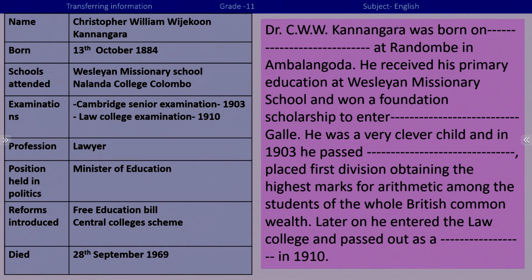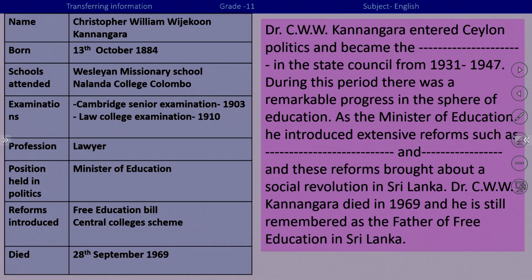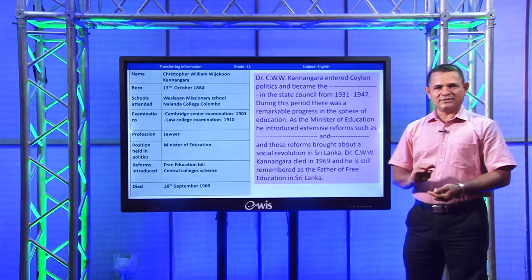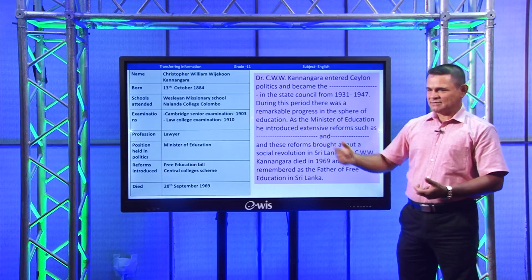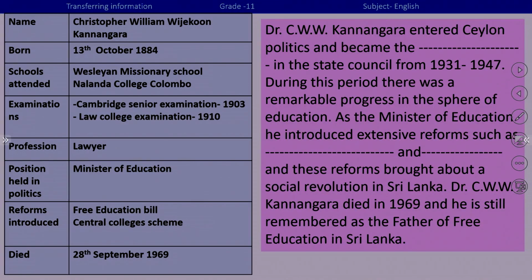Because the answer is there, just take it to this place. Okay, see the other part. There are 3 more blanks, the answers are there. That is taking necessary information and transferring that information into other forms. Information given in the table you put into a paragraph. I hope that you could catch the answers.